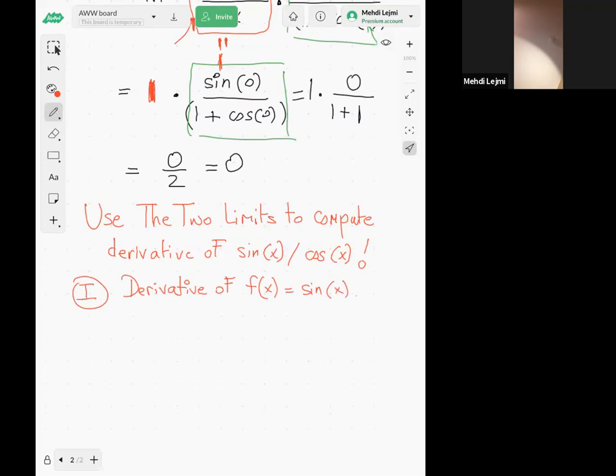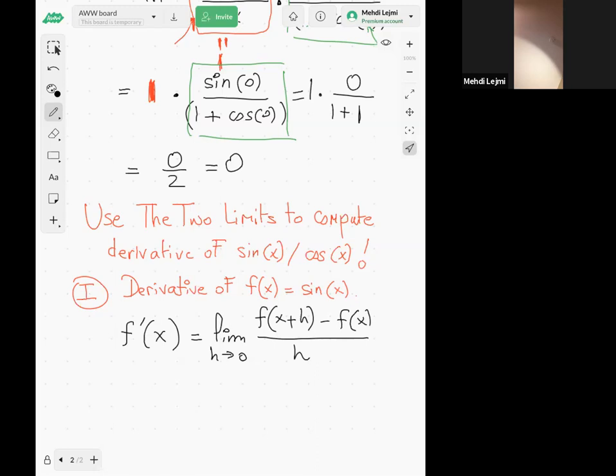By definition, I remind you guys, what's the definition of the derivative f prime of x? Remember, we said f prime of x in general, by definition, is the limit as h goes to 0 of f of x plus h minus f of x over h. That's the definition of the derivative.